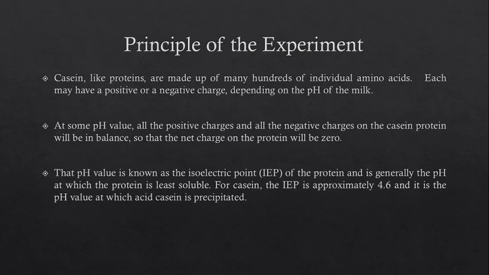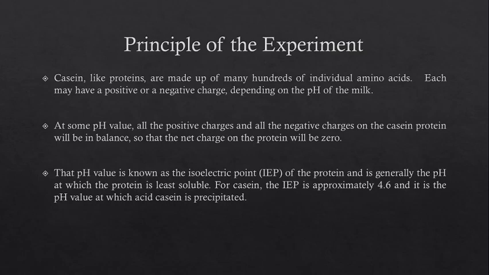Now the principle of the experiment: how is casein isolated or precipitated out from the milk? The normal pH of the milk is 6.6, and the pH at which casein is isolated or precipitated out is 4.6. So to isolate the casein from the milk, you have to reduce the pH of the milk from 6.6 to 4.6.